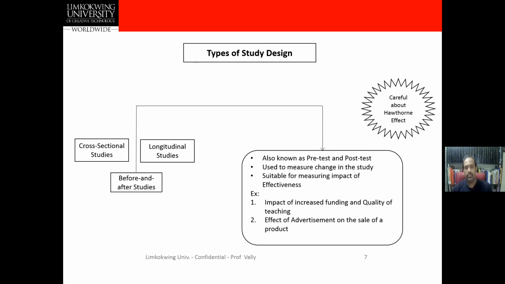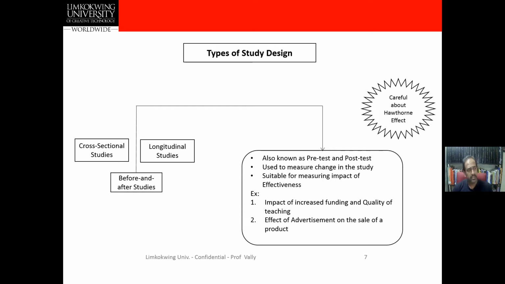And then we come to before and after studies. This is research where I do data collection before, and then I do it again after a point in time, after a particular activity. Assume this example: impact of increased funding on quality of teaching.